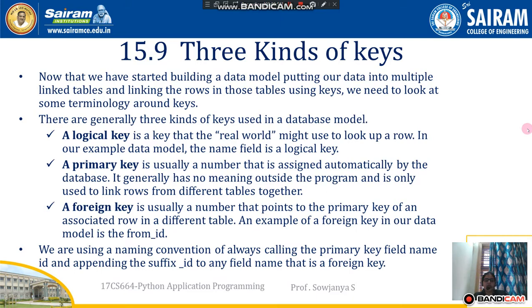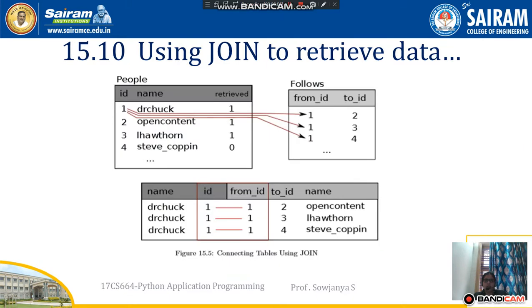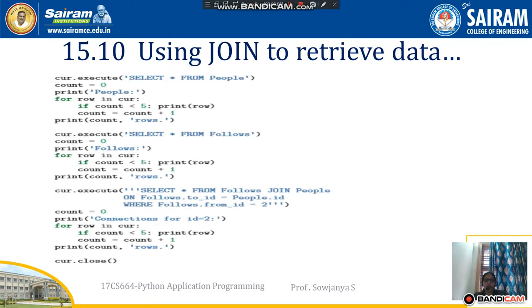Then we have also discussed the three kinds of keys used in the database model, that is logical key, primary key, and foreign key. Then we used JOIN to retrieve data in the database. So this is about how we are using databases and SQL in the Python programming language.